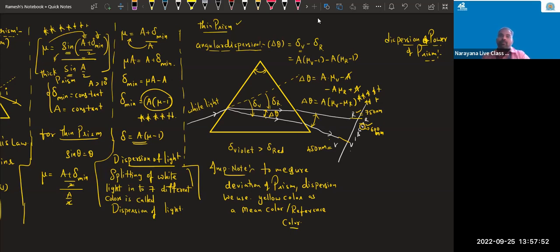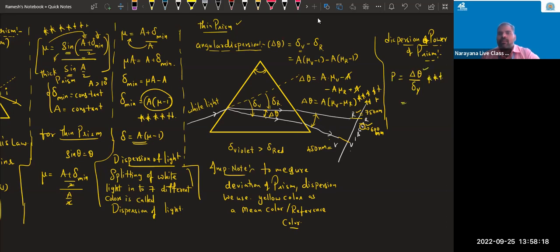Some prisms wonderfully split the 7 colors into well-defined bands. So different prisms will have different dispersive power. The dispersive power is defined as the ratio of angular dispersion divided by the angle of deviation of the yellow color light.